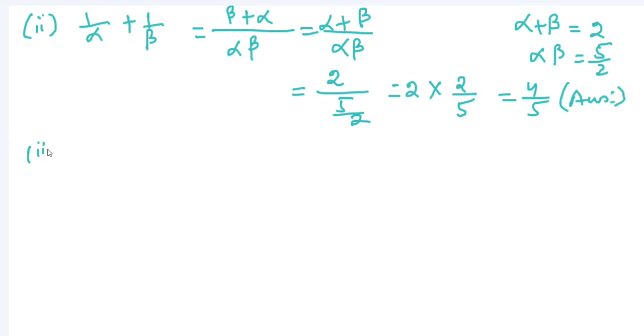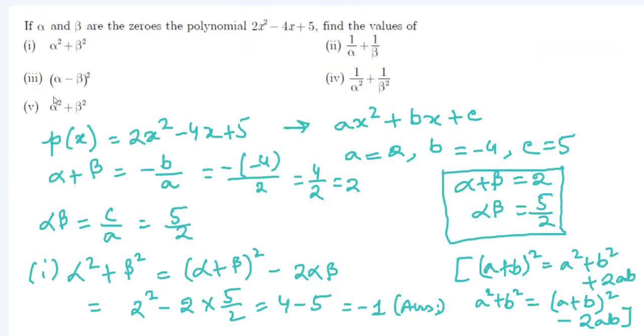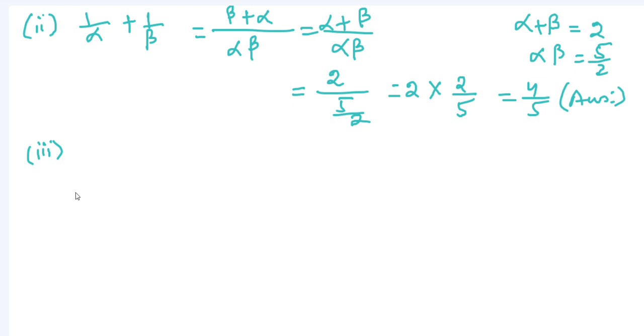Now the third part. So let us take a look at the third part question. They are asking for alpha minus beta whole square. So alpha minus beta whole square, we know the formula is alpha plus beta whole square minus 4 alpha beta.